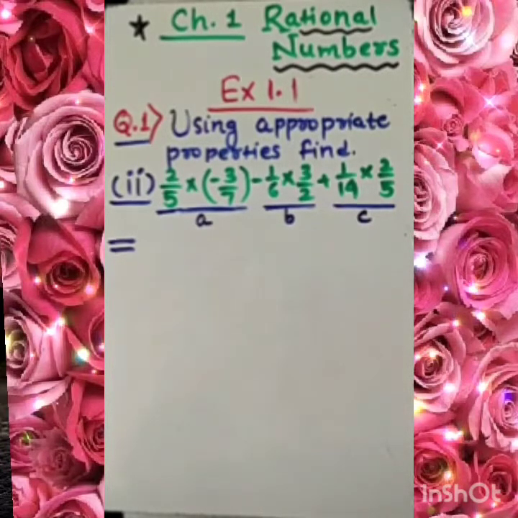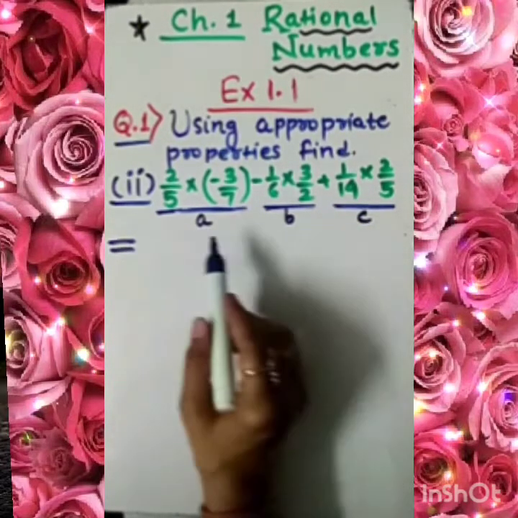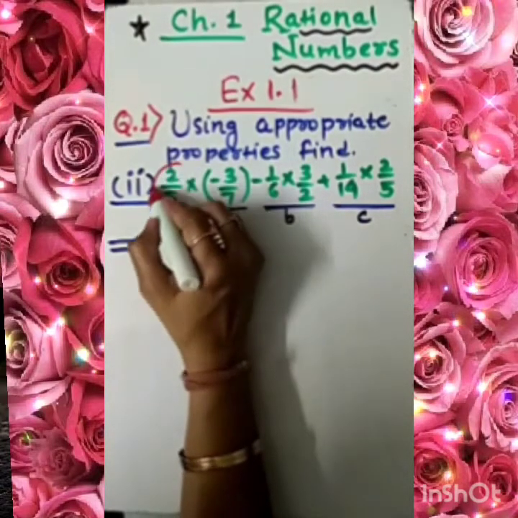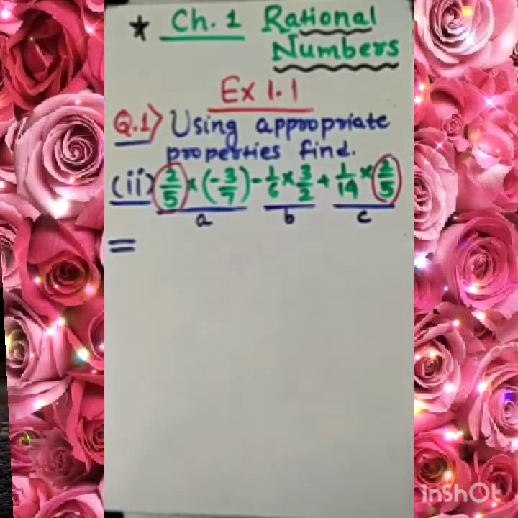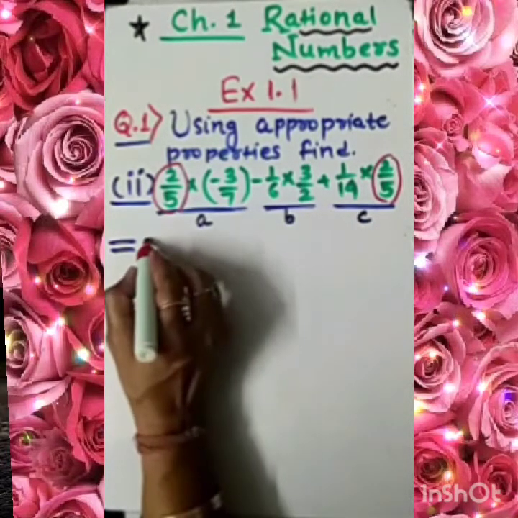Then of course you will say in A and C. In A and C, what is common? It is quite visible. In A, 2 by 5, and in the C term also 2 by 5. So first of all, I am making the grouping of A and C. So what do I have?